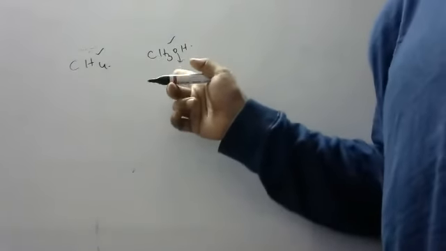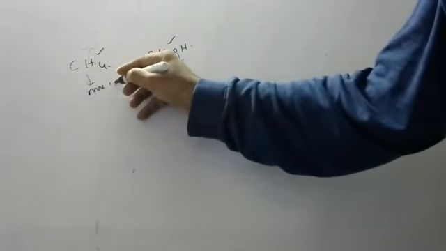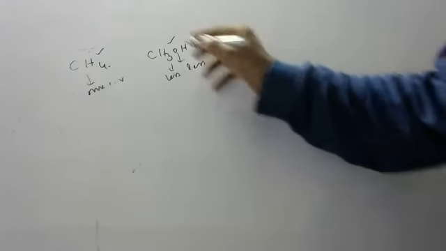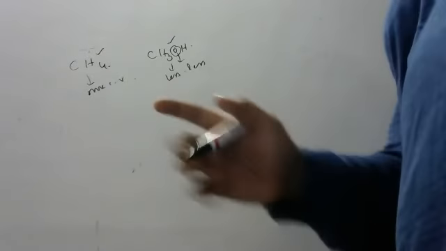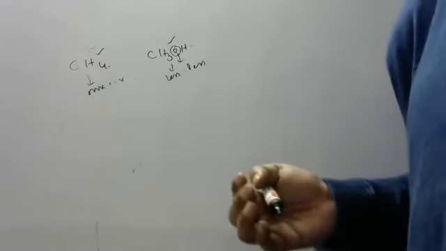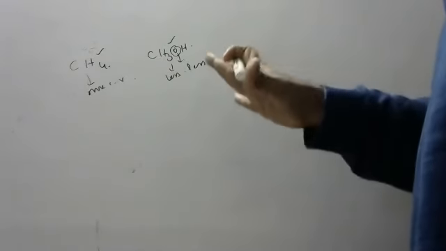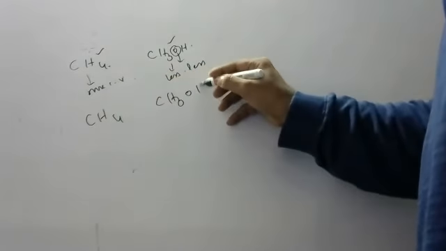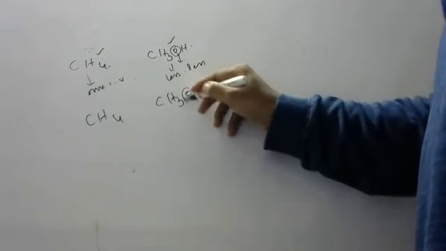So methane will have more calorific value and methanol will have less. Hydrogen percentage plays the vital role in deciding, but because of oxygen, the calorific value decreases.